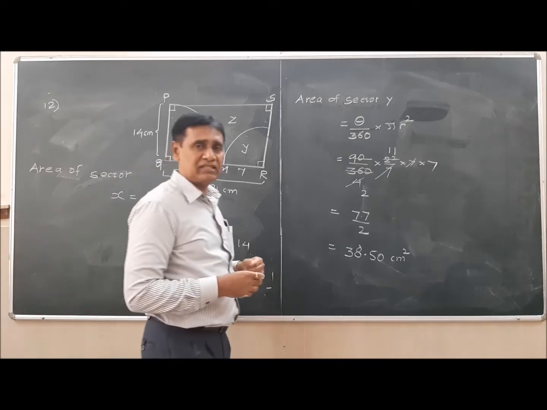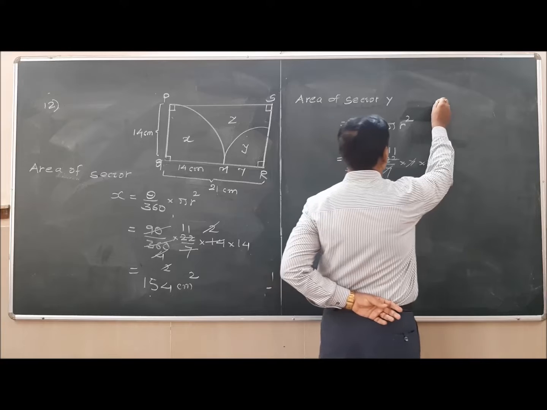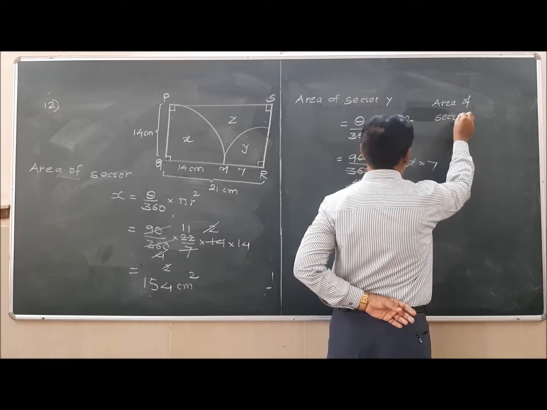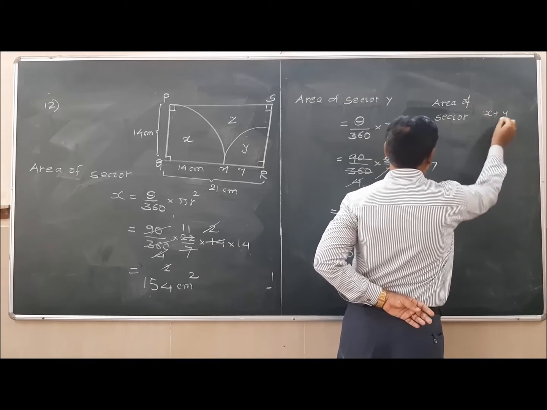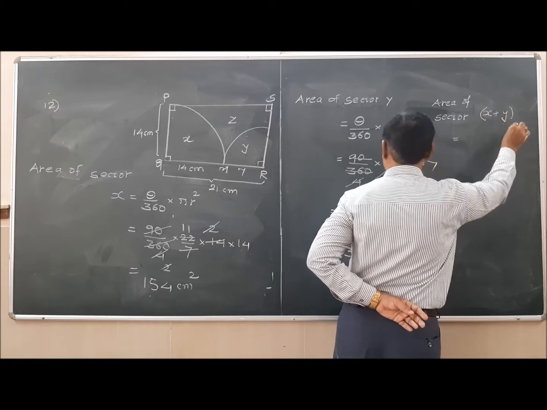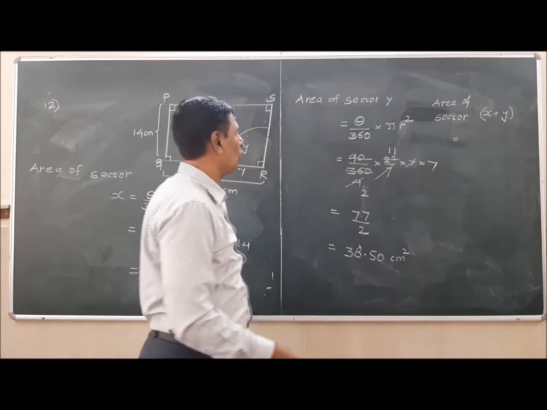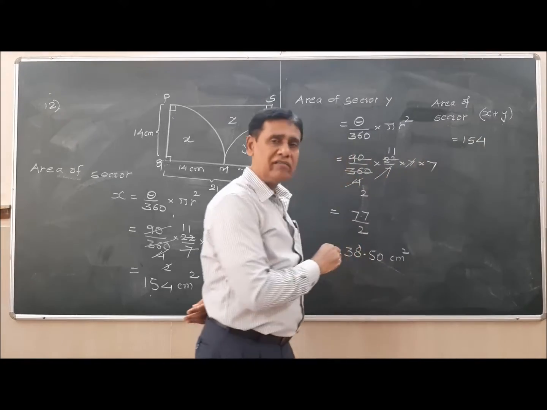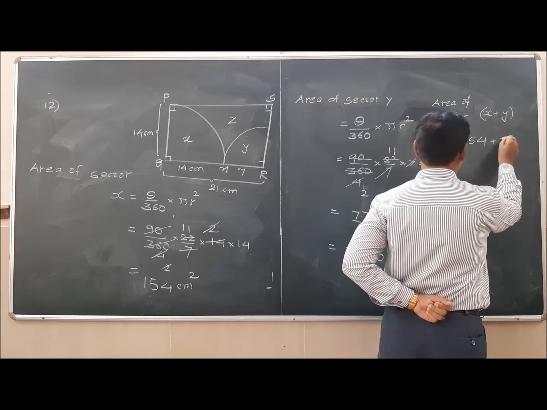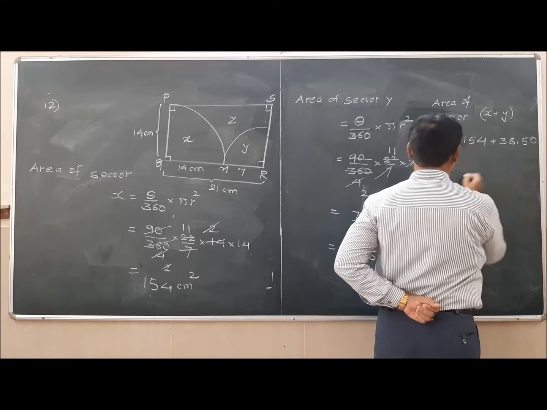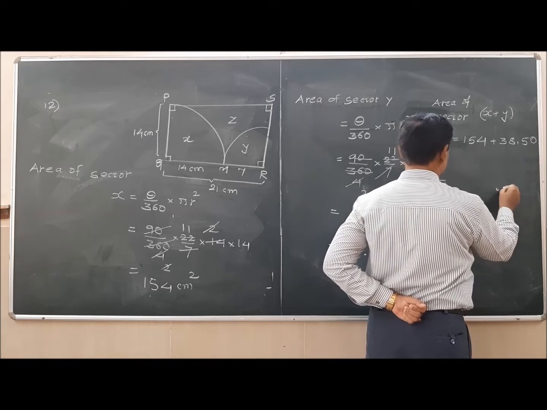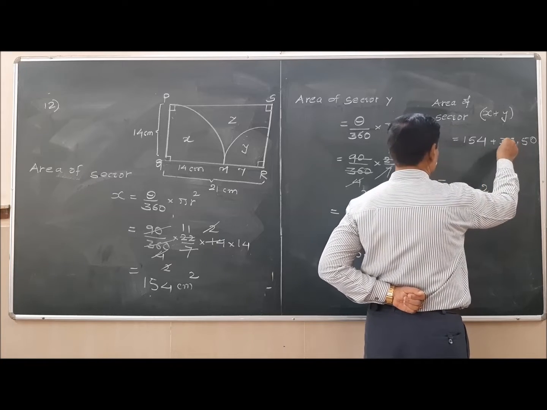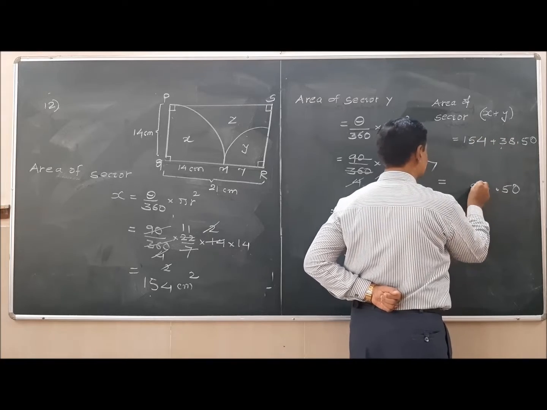Area of sector X plus Y is equal to 154 plus 38.50. 0.50 as it is, no change for that. 8 plus 4 is 12, carry 1, 3 plus 1 is 4, 5 plus 4 is 9.